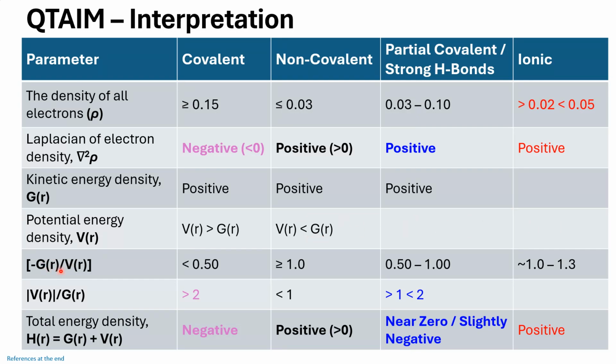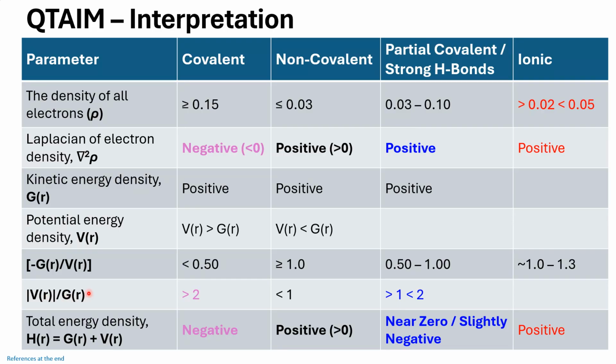Then if you look at the ratio, these two things essentially represent the same concept. It's just a way of looking at things. If you do minus G over V, because V is always negative, the two minus signs cancel each other, or you do the absolute value of V divided by G, you still have the same thing.